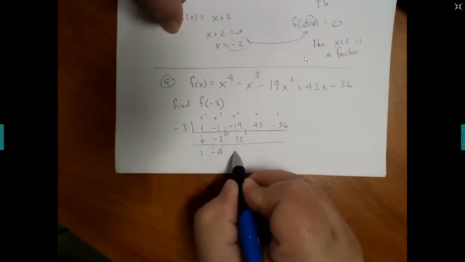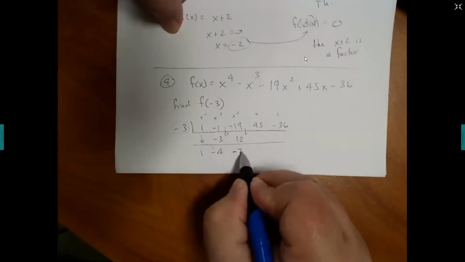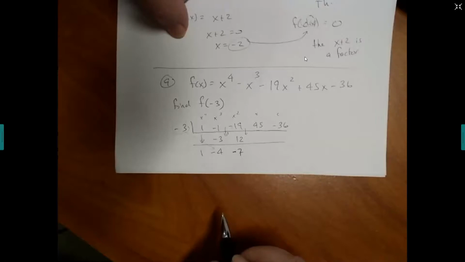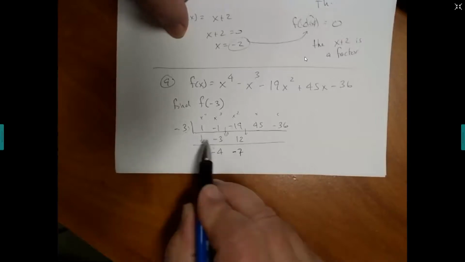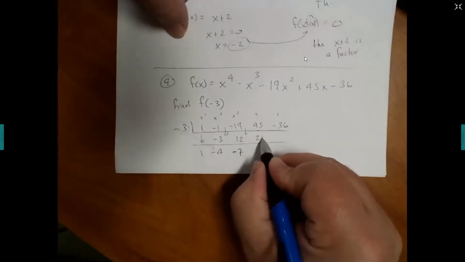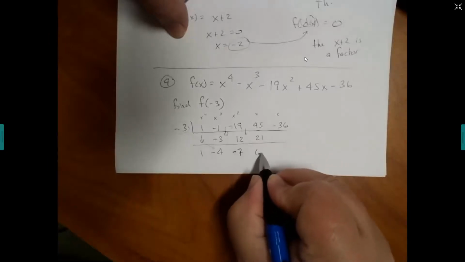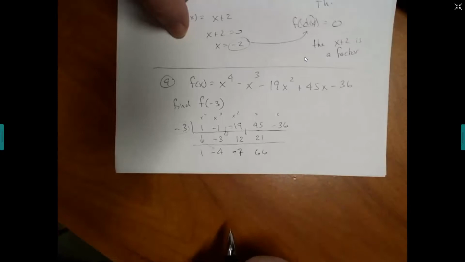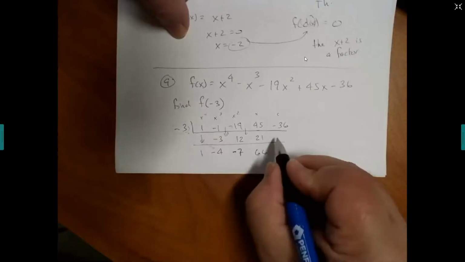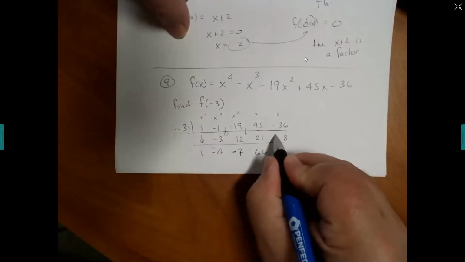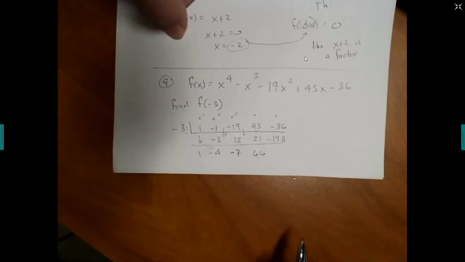19 is bigger than 12. 19 minus 12 is 7. Negative times negative is a positive. 3 times 7 is 21. And then negative 3 times 66 is negative 198.